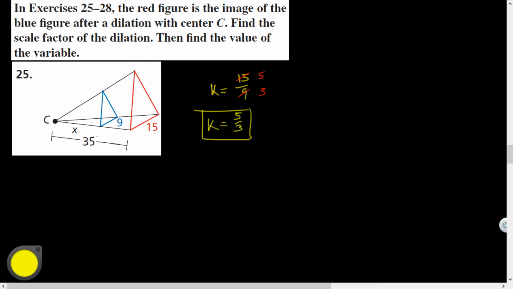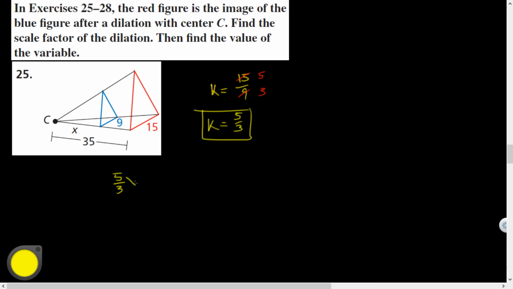It says, then find the value of the variable. Now, guys, check this out. There's a couple ways I could do this. X was the length of the pre-image.